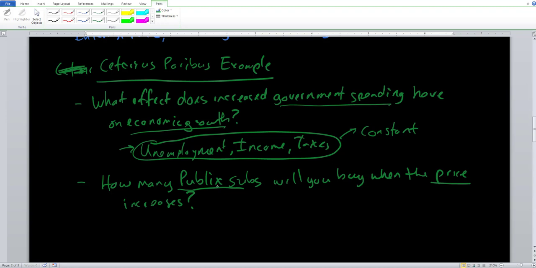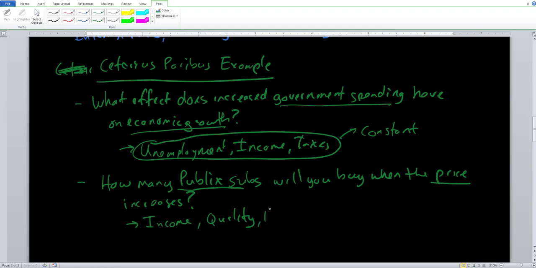But with this question right here, what are a few variables that we want to leave constant? What are things that should not be included in answering this question? Well, we can take a look at things like your income. You can take a look at the quality of these subs as well. We know that if you go to different Publixes, the quality of the subs is going to vastly differ from one another.